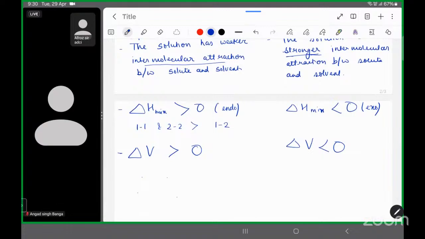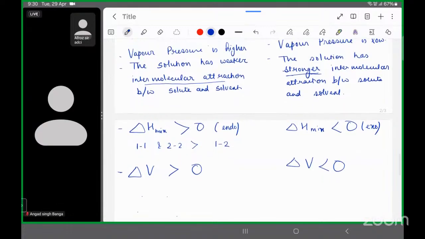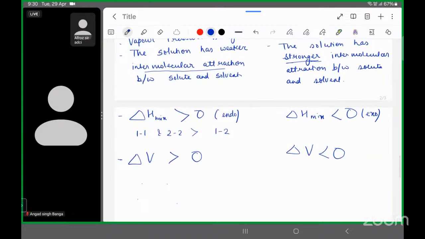Also delta V is lesser than zero, because the intermolecular forces are stronger, particles are closer, and their volume becomes lesser. So if you mix 20 ml solute and 30 ml solvent, you may get a solution lesser than 50 ml.